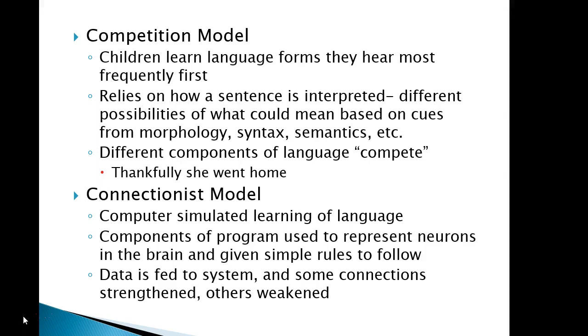But this idea is that children get a sentence and they have to think about different possibilities of what a sentence could mean based on cues from morphology, syntax, semantics. You can kind of think back to that bootstrapping theory that we talked about a little bit ago. And so the idea here is that different components of language compete for the understanding, and eventually one will win out over another.